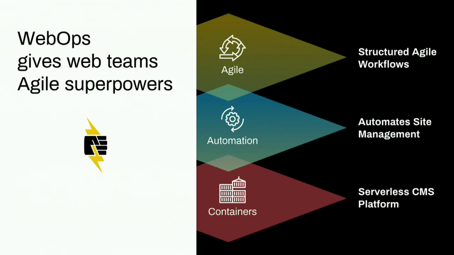So if you think about the structure of WebOps, I think of it as a three-tiered structure. At the bottom layer, there's the platform that just powers your site. In Pantheon's case, that's a serverless CMS.